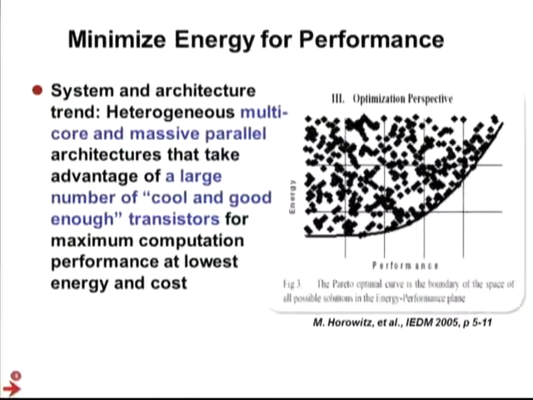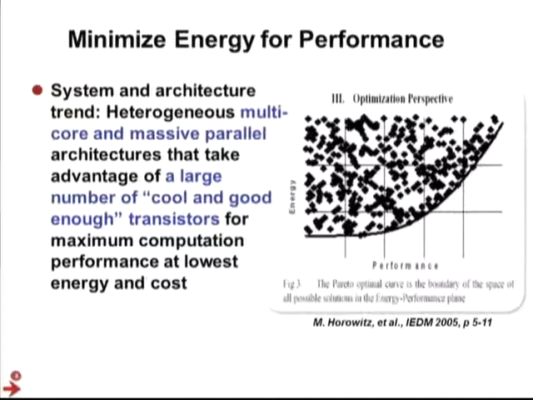In addition to parallelism and multi-core with lots of cool and good enough transistors, we must also push for the Pareto optimum curve as in the energy performance space, as illustrated in this figure from a 2005 paper by Mark Horowitz.